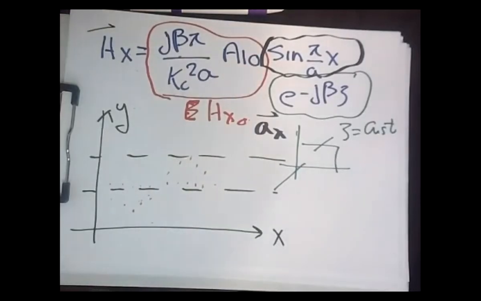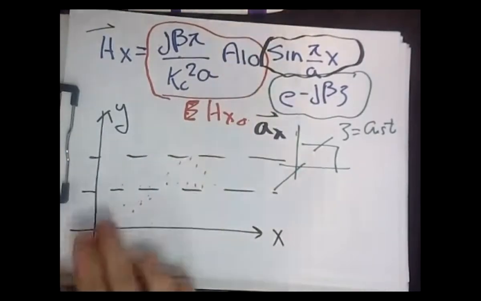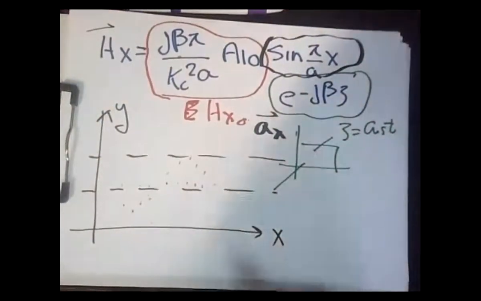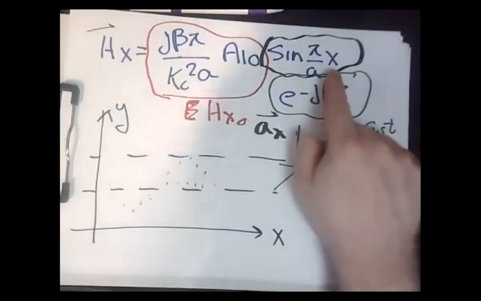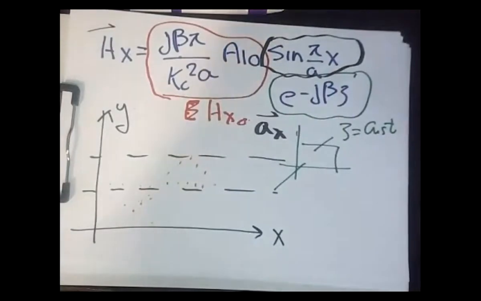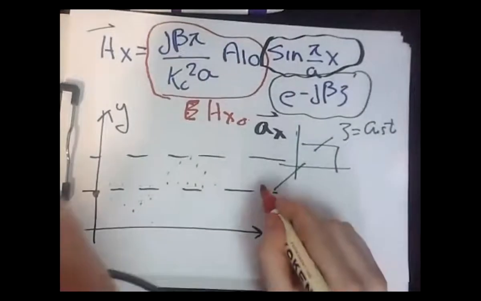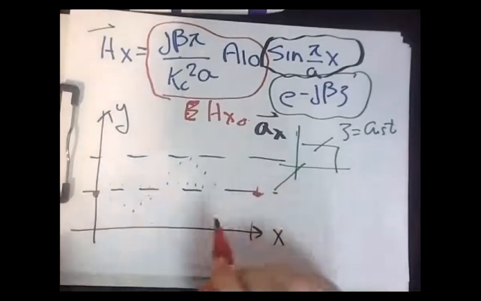So what you are going to do is plot this sinusoid. At x equals 0, the sine tends to have 0. At x equals a, the sine tends to have another 0.